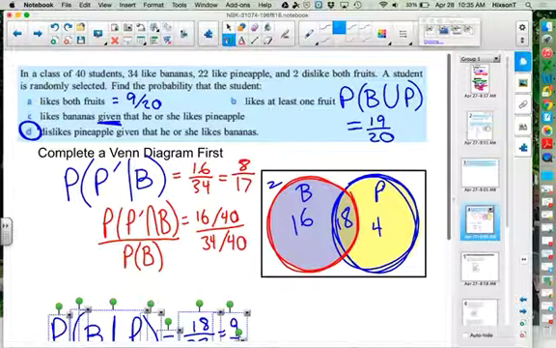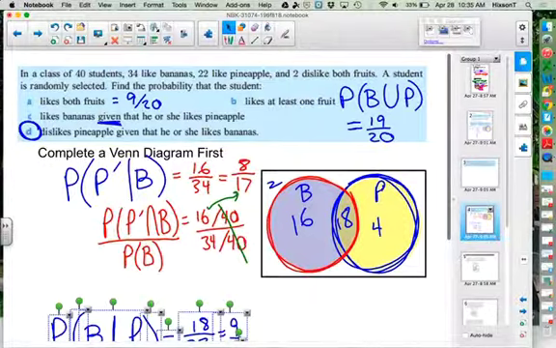Okay, good. So you reduce that. The 40s cancel out. 16 over 34 is 8/17. So again, you can get it either with the Venn diagram or using your formula.